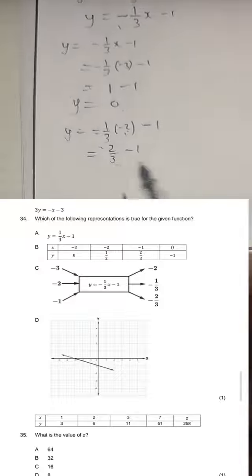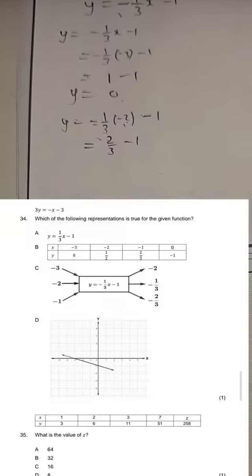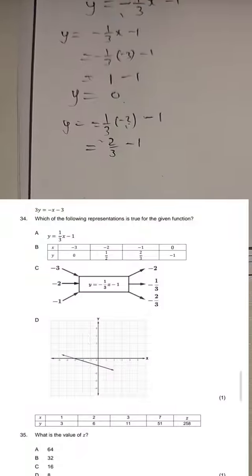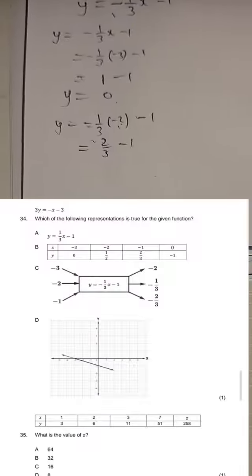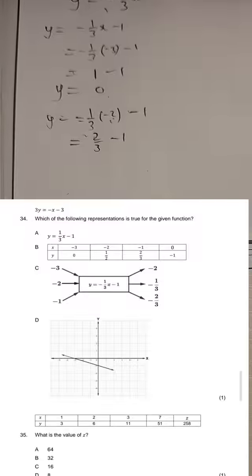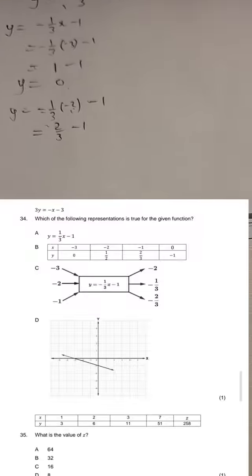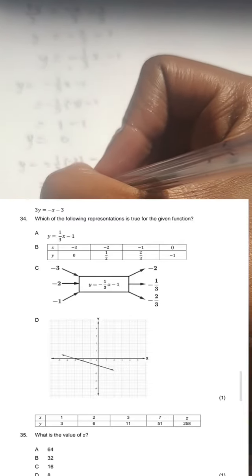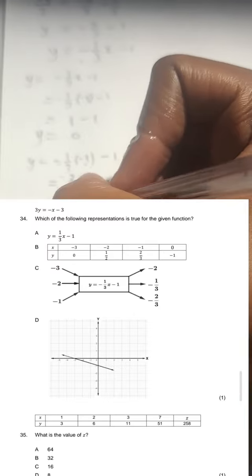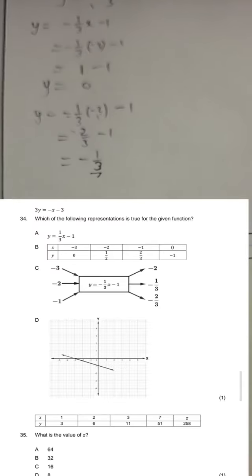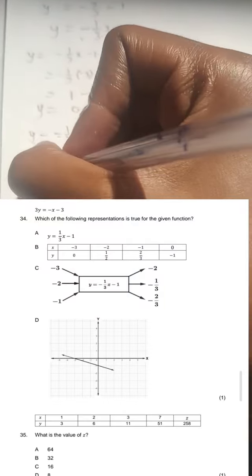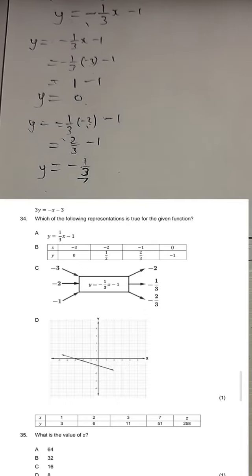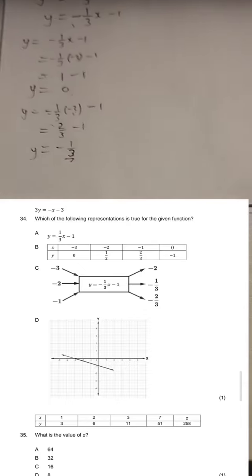Then you could take your calculator and punch in 2 over 3 minus 1 and check what you get as your answer, which is a fraction. You should get negative 1 over 3, which is the y value that comes when you substitute negative 2.